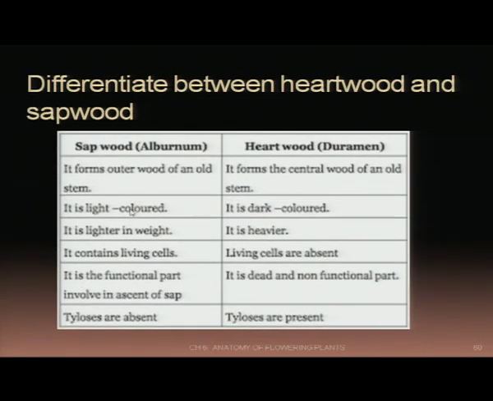And questions like to differentiate between heartwood and sapwood can also be asked. You can mention that there are differences in the color, the weight, living and dead cells and functions, and also the tylosis. Well, this was about chapter 6.